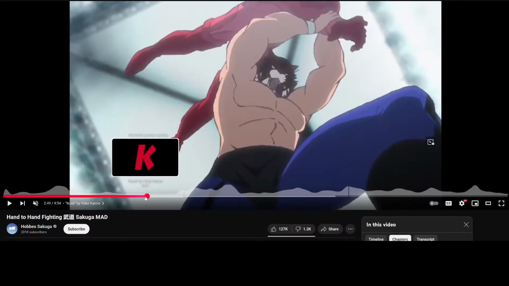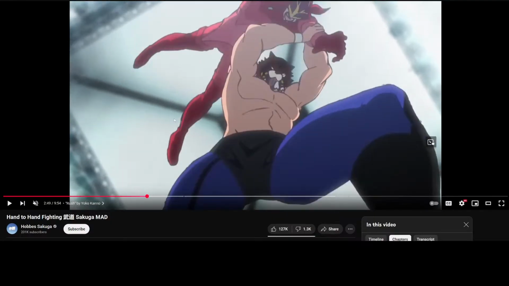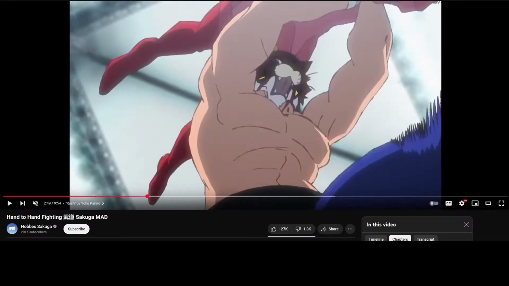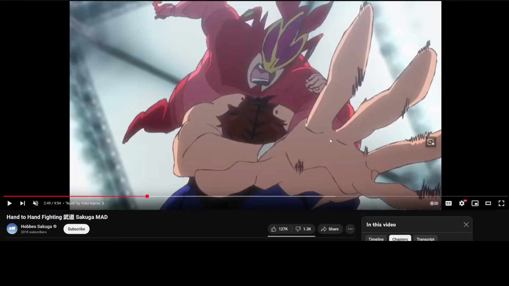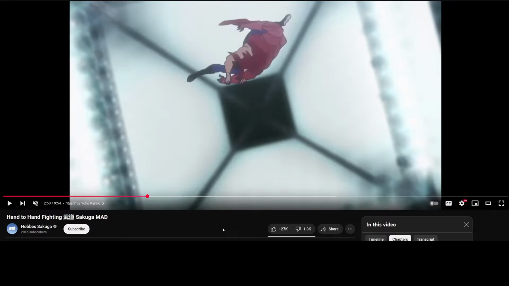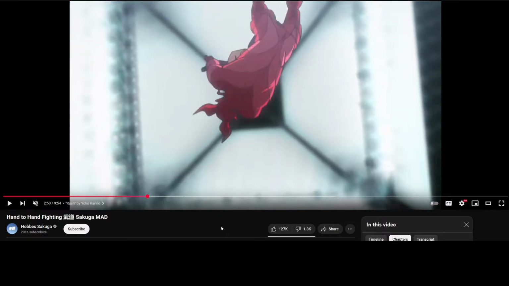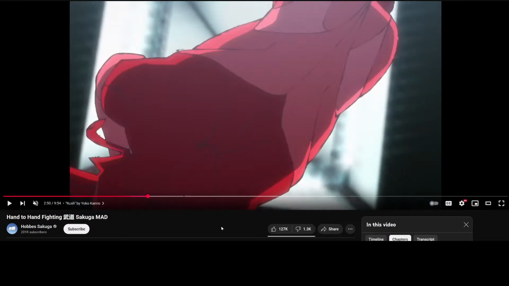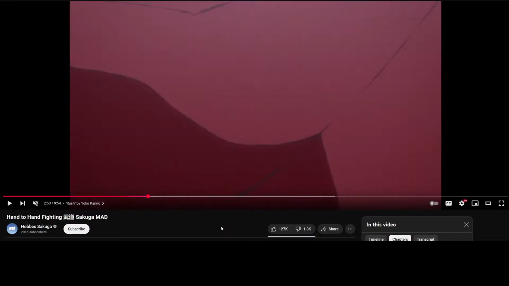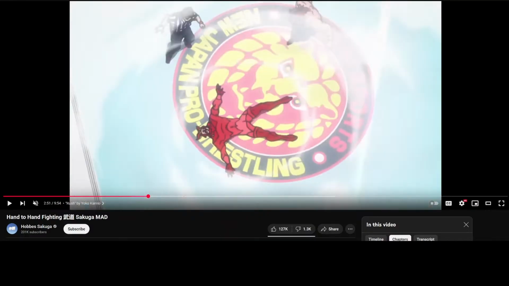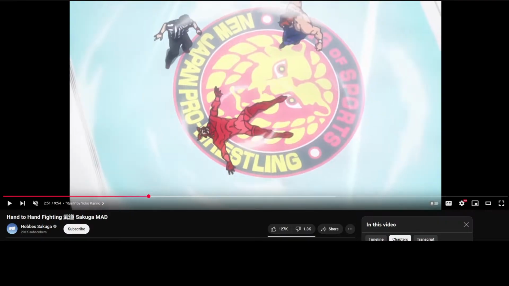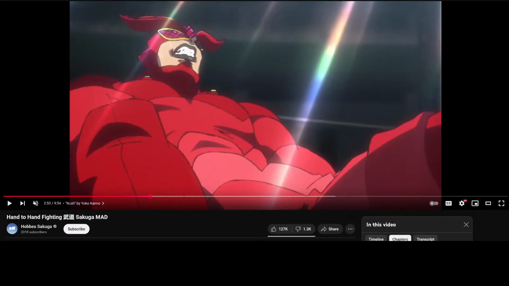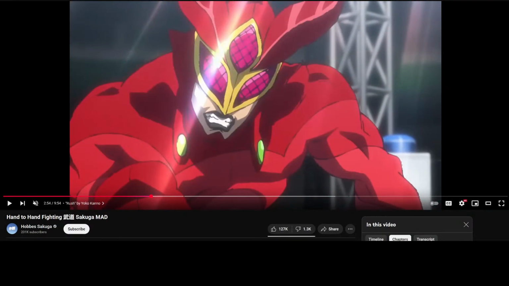You see, we have very cool, strong foreshortening. Again, strong foreshortening.